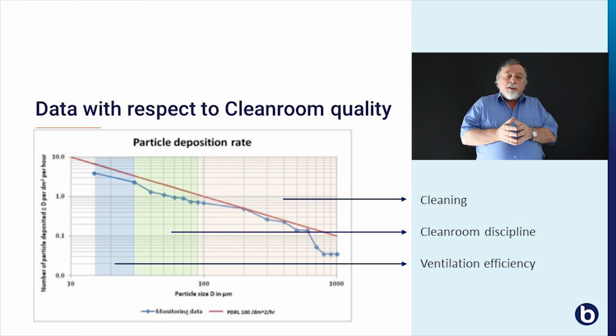There are three areas colored: the area between 15 and 40 micrometers, between 40 and 100 micrometers, and larger than 100 micrometers. These are the three main influences with respect to cleanroom quality. On the left side is the impact of the ventilation system. In the middle, the impact of cleanroom discipline, number of people, garments they use, and on the right-hand side the influence of the cleaning program.